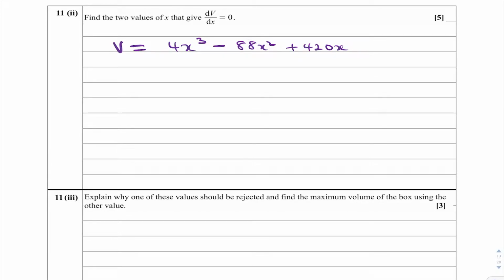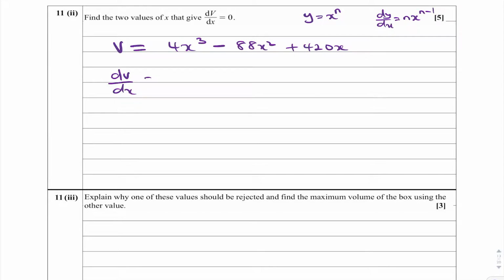Now remember, when you're differentiating, if you have y equals x to the power of n, it has to be in that format before you differentiate, and then dy/dx will be nx to the n minus 1.